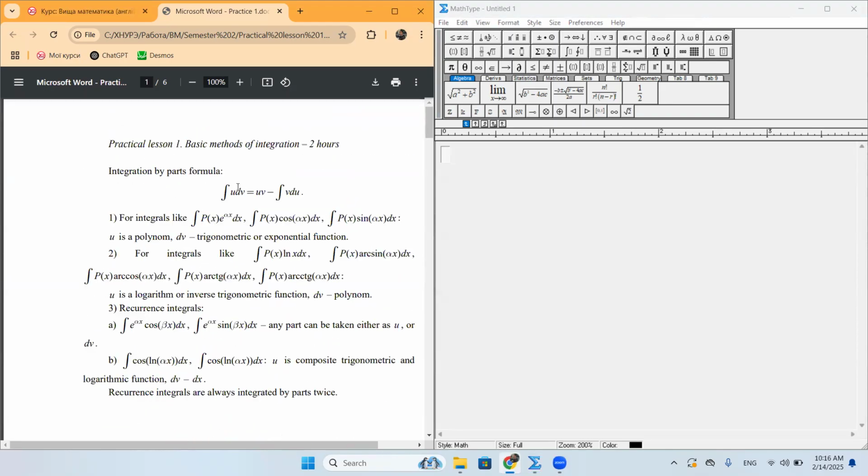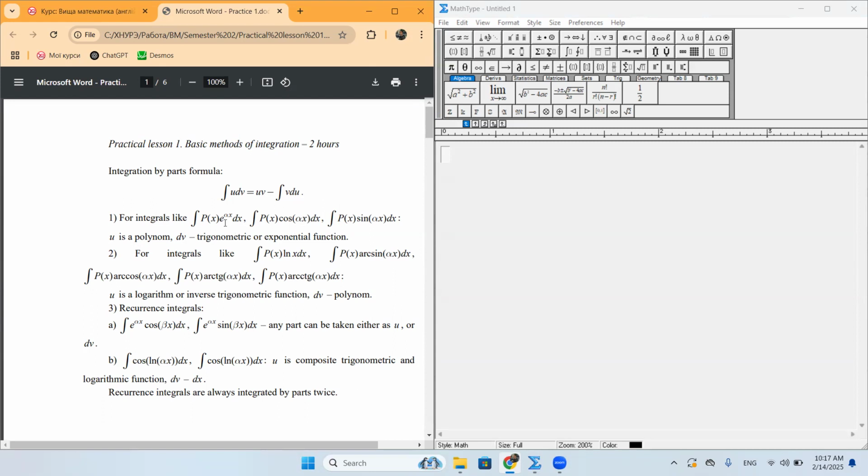So this is the formula of integration by parts. The idea is that one component of the product is taken as the u function and the other component as the differential of function v. And then it's calculated in the next way: uv minus integral of function v multiplied by differential of u. How to use it?